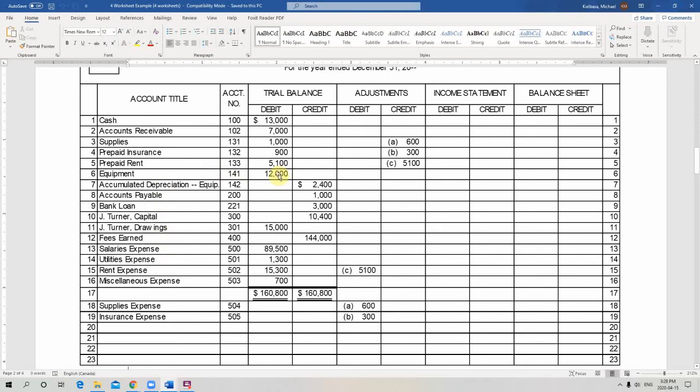Because I'm using the declining balance method, I'm going to have to subtract what's in accumulated depreciation. That's going to be book value. So 12,000 minus 2,400 is $9,600. Then I'm going to multiply by the depreciation rate. And let me grab a calculator.